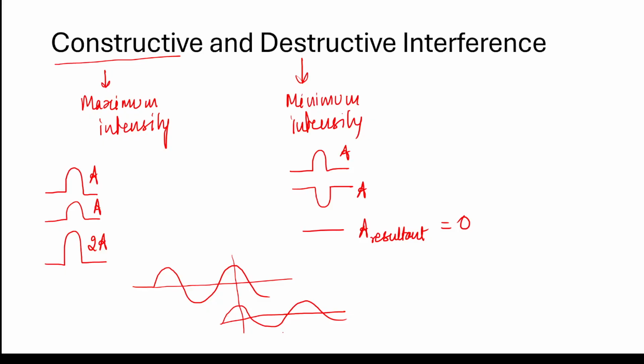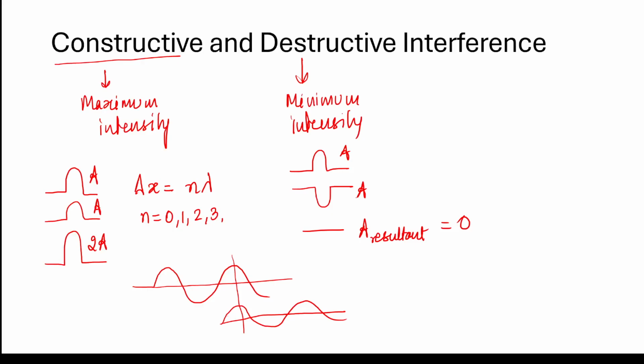So if it is one wavelength ahead, or two wavelengths ahead, or three wavelengths ahead, what kind of interference is happening? Constructive. So for constructive interference, path difference is n lambda. So either one wavelength ahead or two wavelengths ahead.